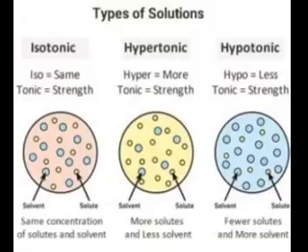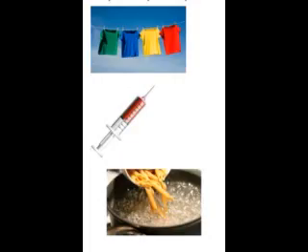Let us discuss some real-life examples related to the three types of solutions. The first is an example of the hypertonic solution. When you put pasta in a pot of water, since it has little water, it absorbs the boiling water you put in, making it grow. So this was an example of a hypertonic solution.